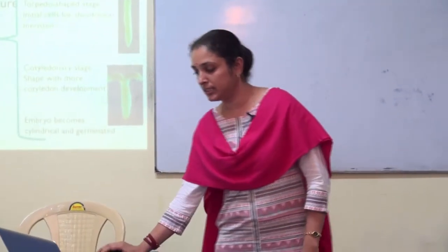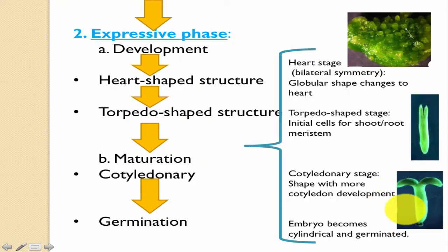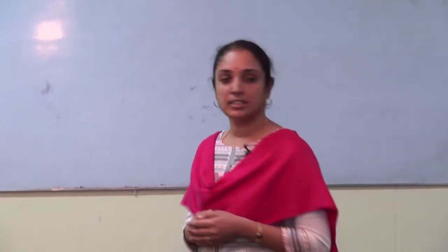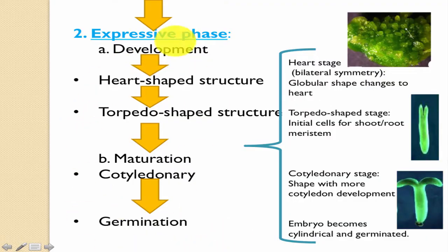So this is the cotyledonary stage. Okay, this further develops into a plantlet, and then finally the embryo becomes cylindrical and then leads to germination. This is the complete process. Did you understand this? This is the flow chart of the entire two phases.